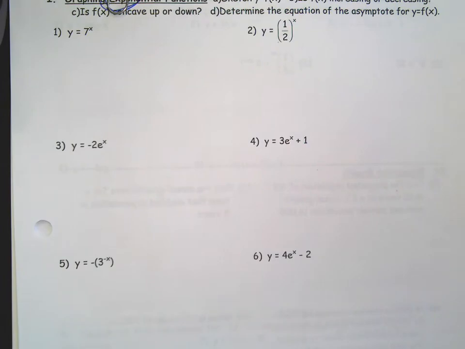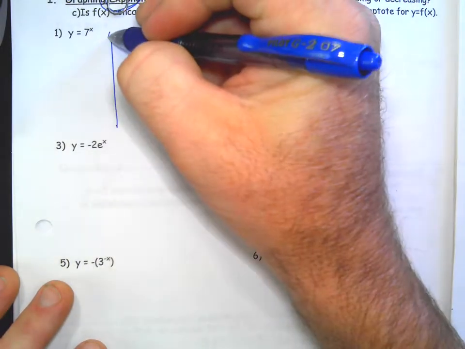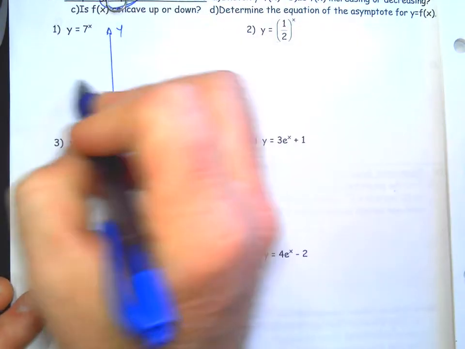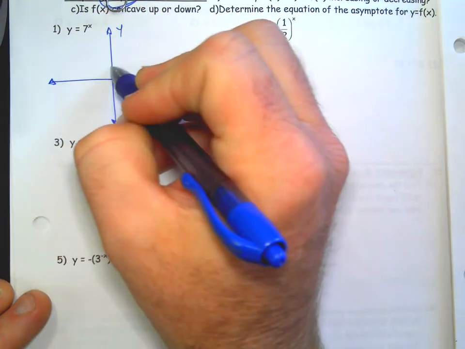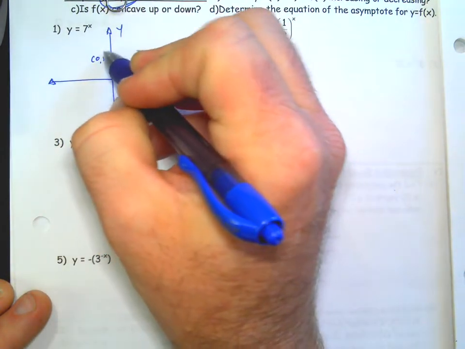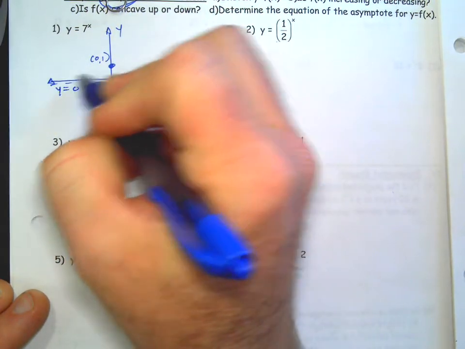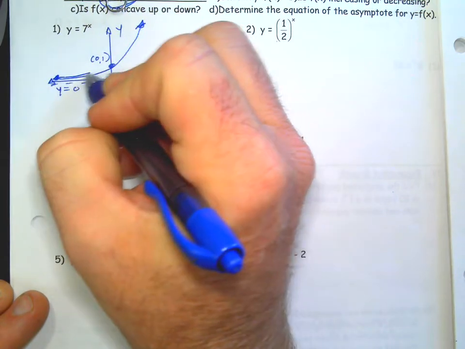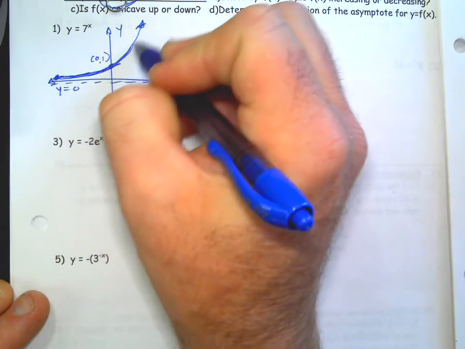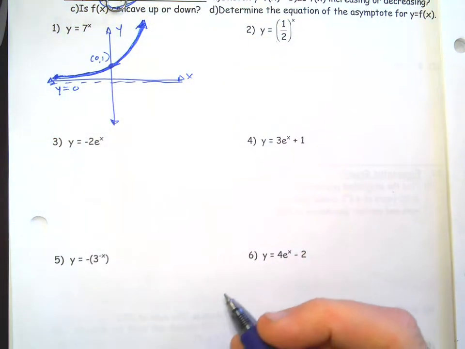Okay, let's see. So these first ones are just graphs. So parent functions. This is just exponential. Really just looking for you to label that y-intercept and the horizontal asymptote, and then the graph looks like that, and that's your final answer. I mean, yeah, the bigger the base, the steeper the graph gets, but not looking for that.